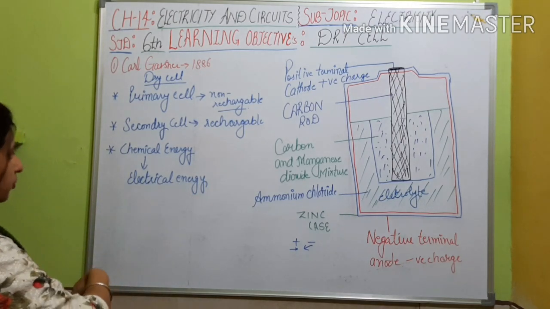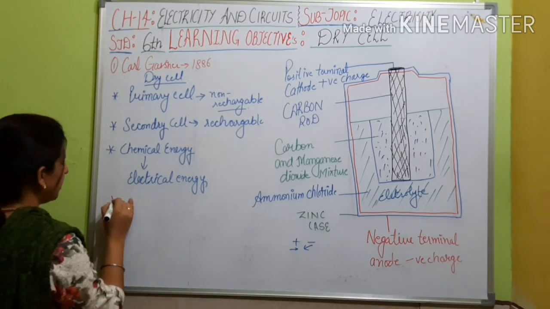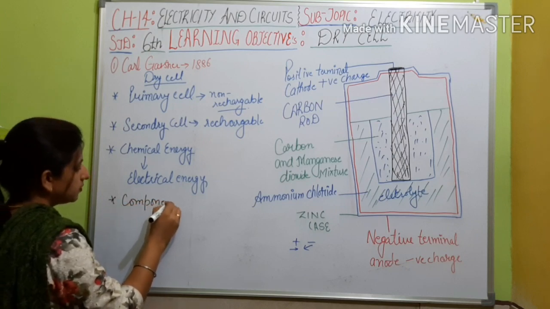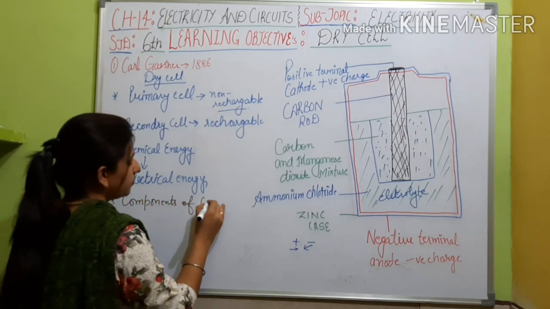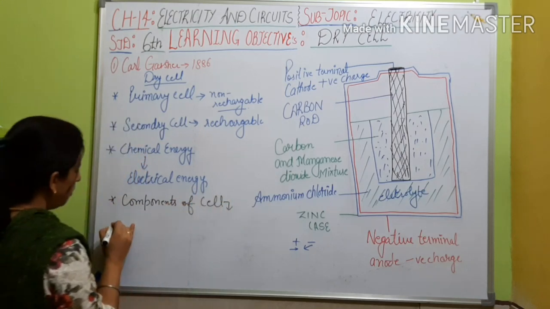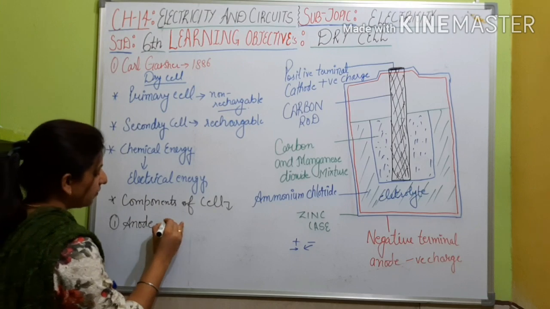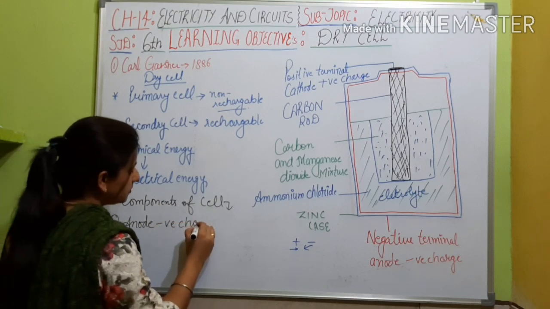Now, some important components of the cell. First is the anode, which has a negative charge.